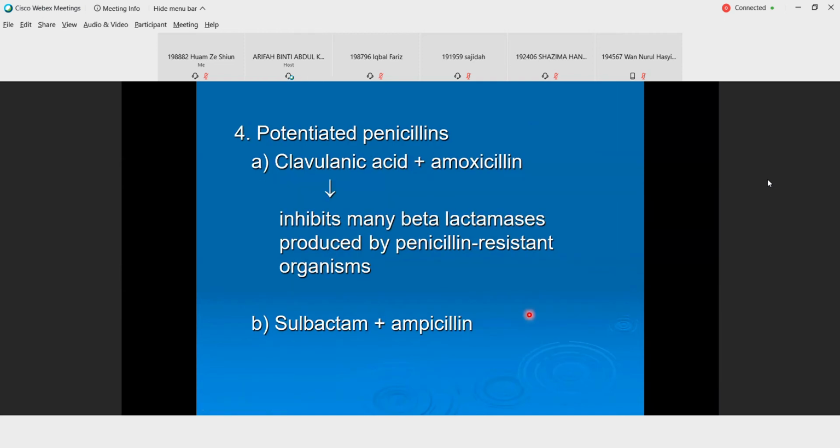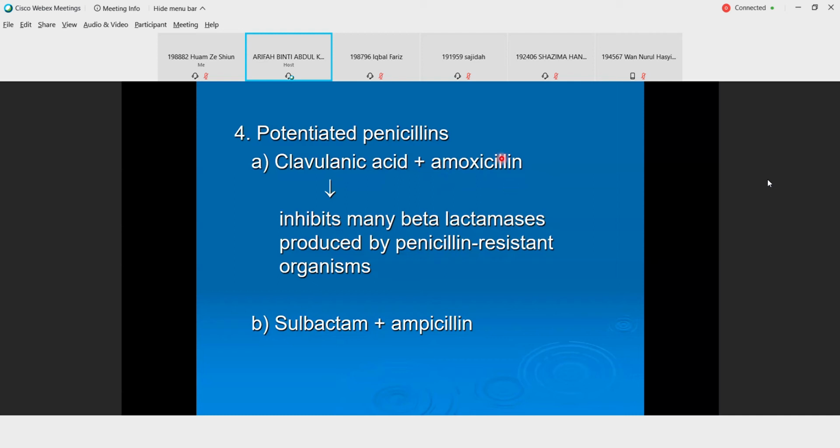Okay, so the last one within the penicillin group is the potentiated penicillins. These are very potent drugs of the penicillin group. They contain clavulanic acid, which is responsible for inhibiting the beta-lactamases, the bacterial enzymes that are produced by the penicillin-resistant organism. It's also combined with amoxicillin.